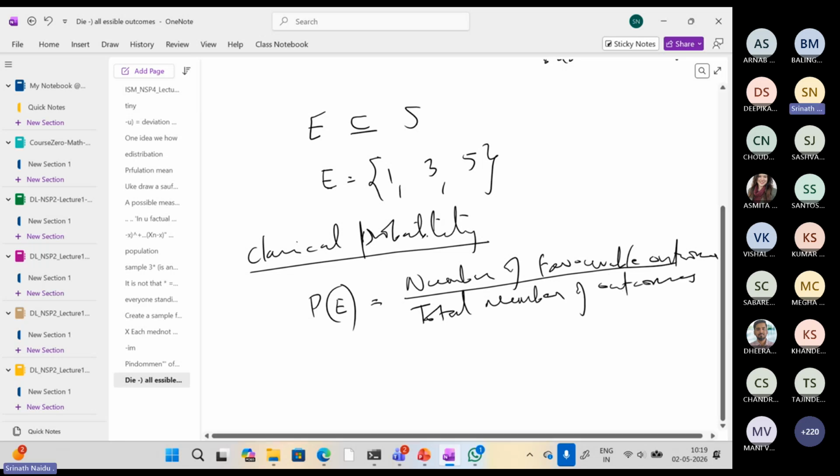So I toss a die. What's the total number of outcomes? It's 6. What is the number of favorable outcomes? Well, it's every outcome that is an odd number. There are 3 such outcomes, 1, 3, and 5. So this is the size of the set {1, 3, 5}, and the denominator is the size of the set {1, 2, 3, 4, 5, 6}. I put this absolute value sign to denote cardinality, the size of a set. So it's 3 by 6.